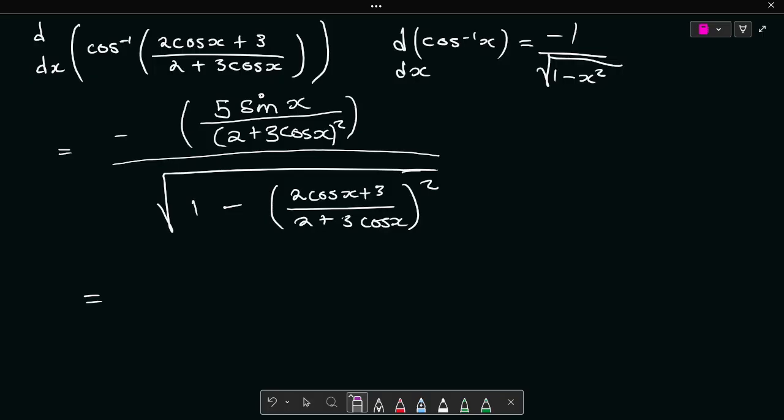What we're going to do is distribute this to this power 2.